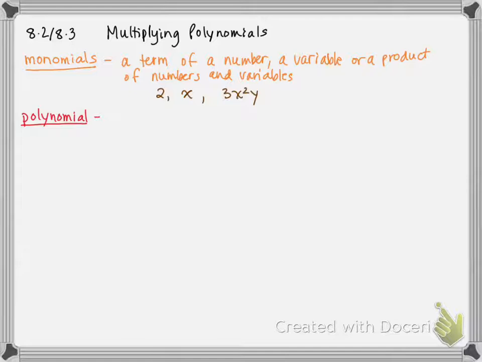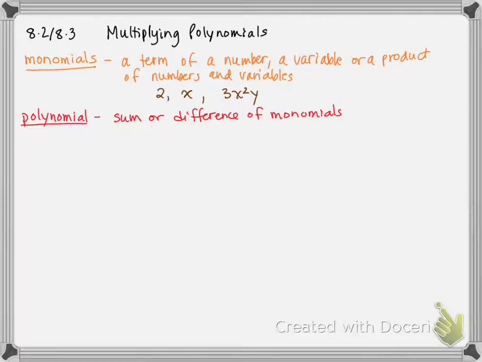So basically it's a sum or difference of monomials. And you're like, okay, how can it be a monomial if it's being added and subtracted? Well, it's a whole bunch of monomials that are being added or subtracted together, okay?